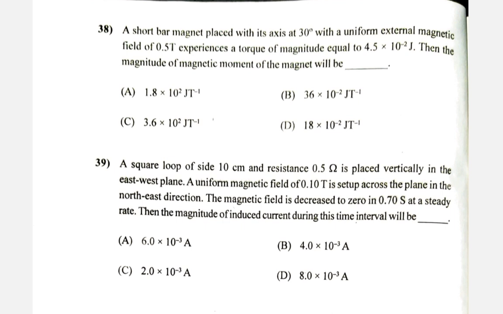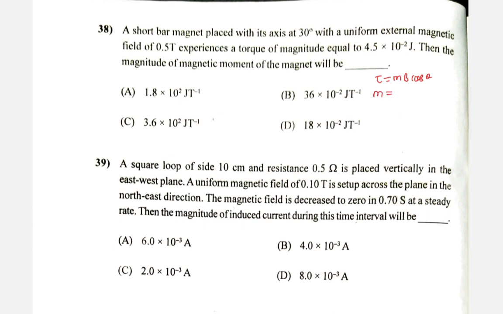A short bar magnet placed with its axis at 30 degrees in a uniform magnetic field of 0.5 Tesla experiences a torque of magnitude 4.5 into 10 to the power minus 2 joule. Then the magnitude of the magnetic moment of the magnet will be? So we know that torque is equal to mB cos theta, and the magnetic moment we have to find.